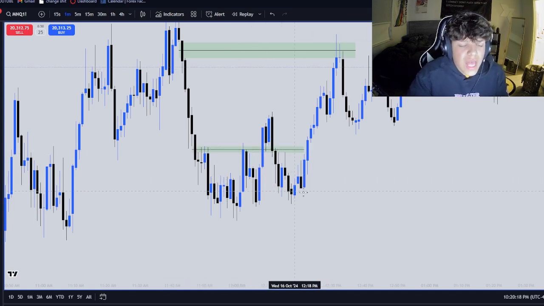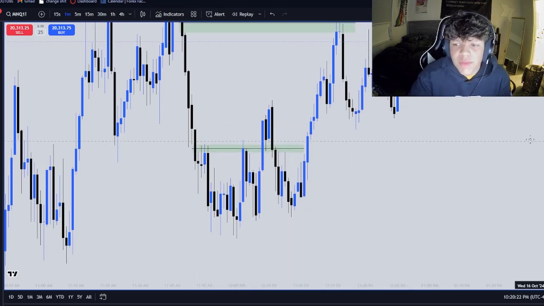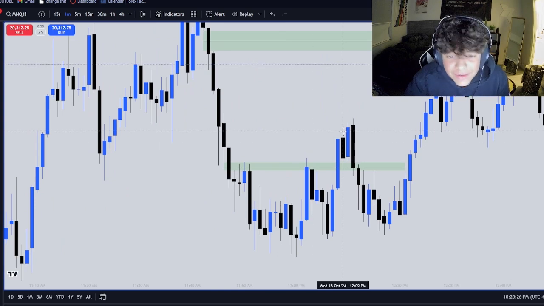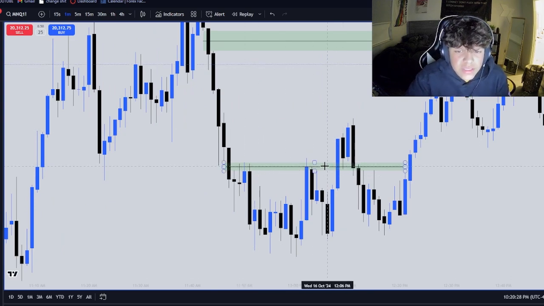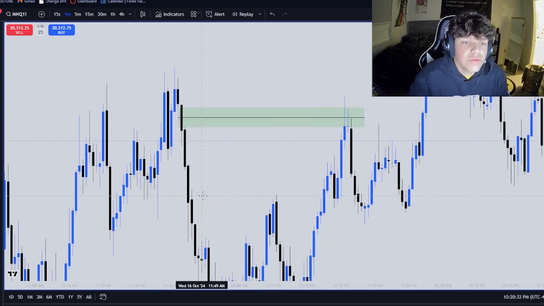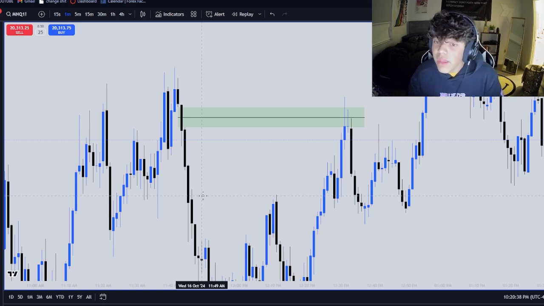Sure, it might work on a scalp, but it's risky. I wouldn't take this at all. Use the nice, clean fair value gaps that get created in the market. Not everything has to be a fair value gap, guys, remember.